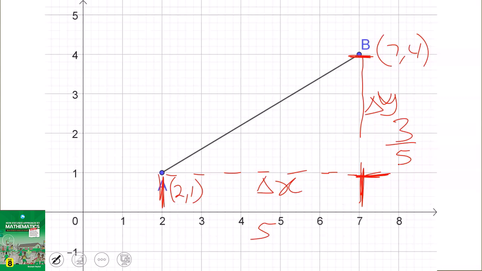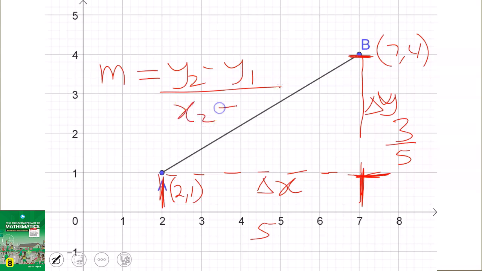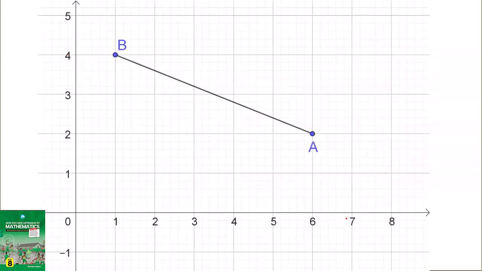So in a nutshell, we are saying that gradient of a line, which we normally use m to represent, is defined as change in y, that means y2 minus y1, over change in x, x2 minus x1, where the y2 and y1, the maximum point here and then the minimum point here becomes the x2 and x1, and here the minimum here, the maximum becomes x2, x1 respectively.